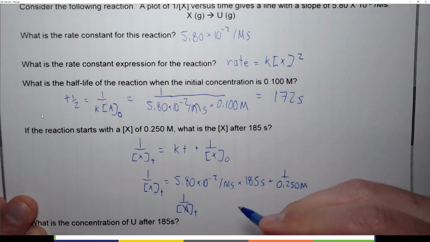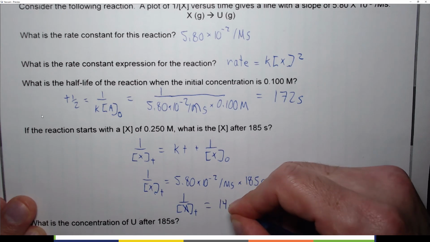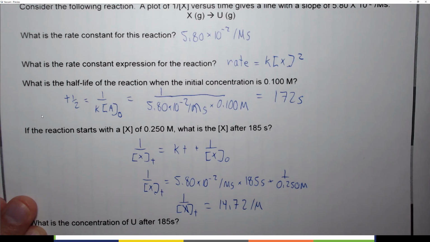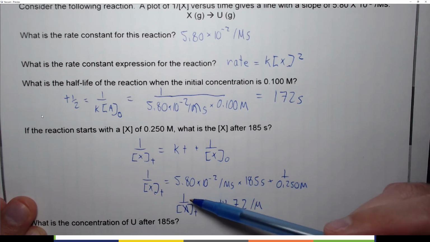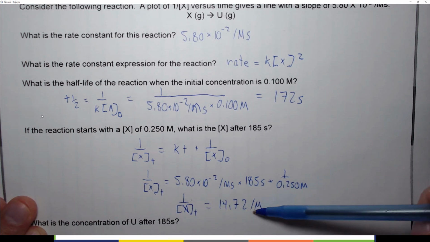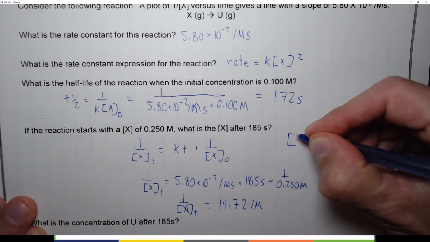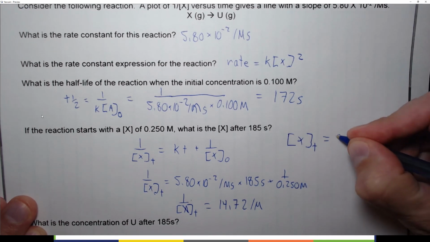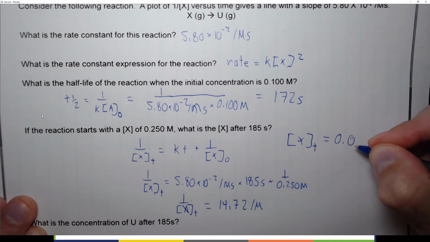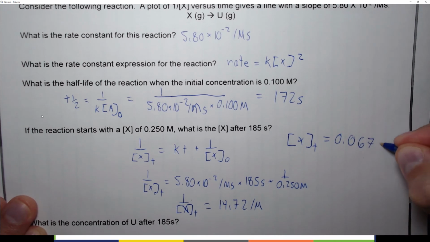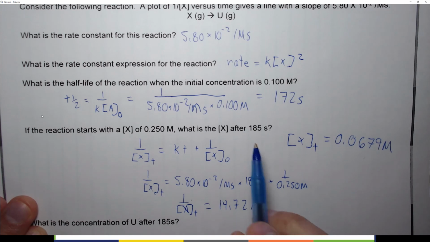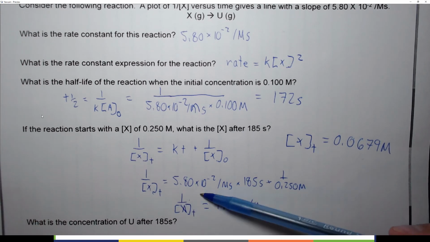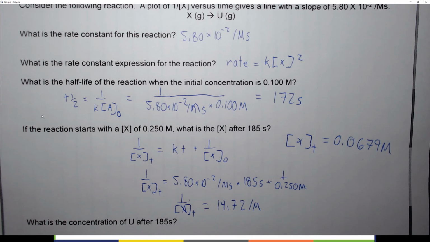We find that 1 over the concentration of X at some time is equal to 14.72 per molar. To solve this one, I take the reciprocal of both sides. So I take 1 over 14.72, and I find that the concentration of X at some time is equal to 0.0679 molar after the 185 seconds. So I simply took the reciprocal of this value.